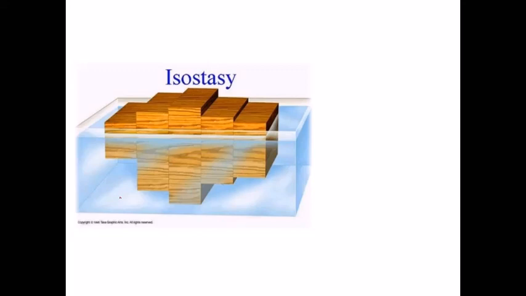It's pliable. You can almost think of it as silly putty. The denser, thinner ocean crust is sunk lower into the mantle because it's more dense. The thicker, less dense continental crust is sitting a little bit higher than the ocean crust because it's less dense.